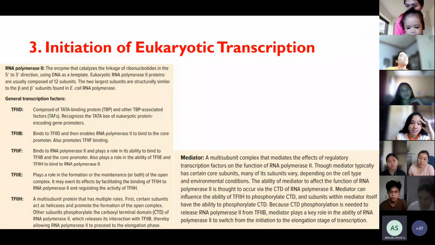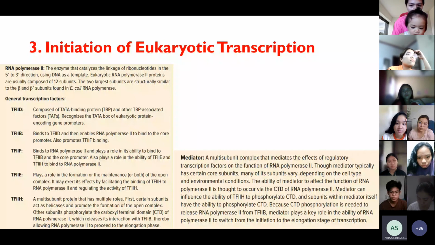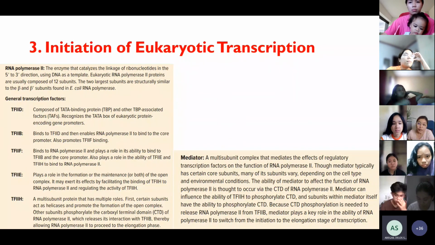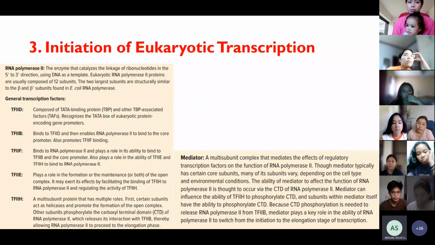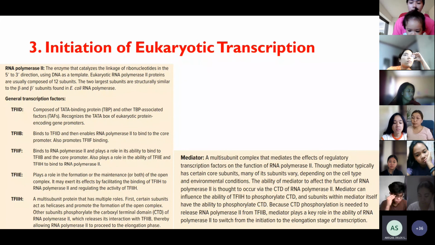Now let's proceed to the initiation. The transcription of a eukaryotic protein-encoding gene is initiated when RNA polymerase II and the general transcription factors bind to the promoter sequence. We have also considered the DNA sequences that play a role in the promoter of eukaryotic protein-encoding genes.